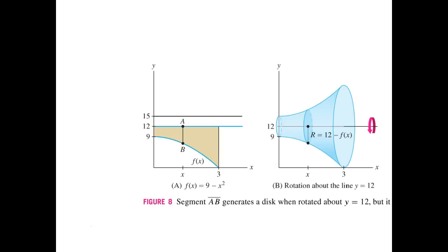Forget about this 15, that's the B part. It's rotating this about the line y is equal to 12. So you have a megaphone, but it's a solid megaphone, so you can't yell through it. Okay? So that's what you get. So how are we going to do that?